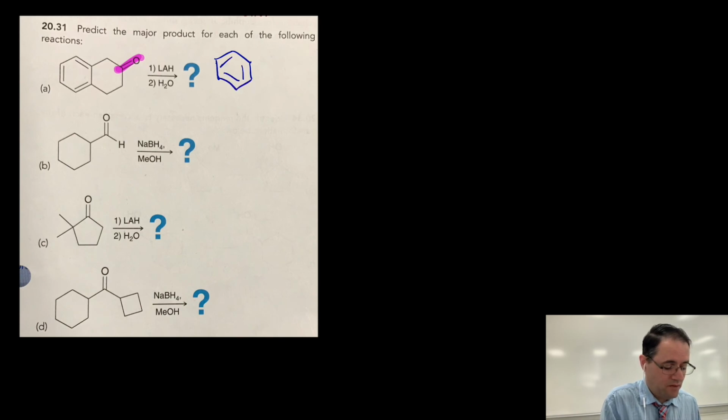So nothing happens to the aromatic ring. All of these carbons stay connected, and we form an OH there. Now, I'm not going to get into the complexity of this. We don't need to, but that's a chiral alcohol, so you're going to form a racemic mixture of the R and the S, okay?